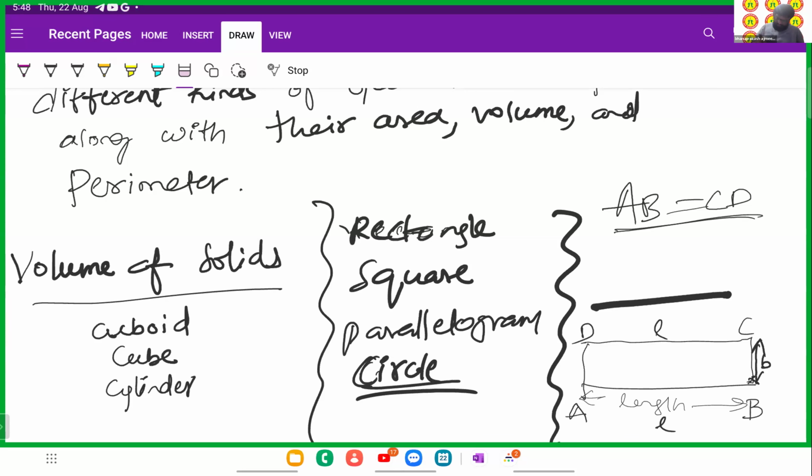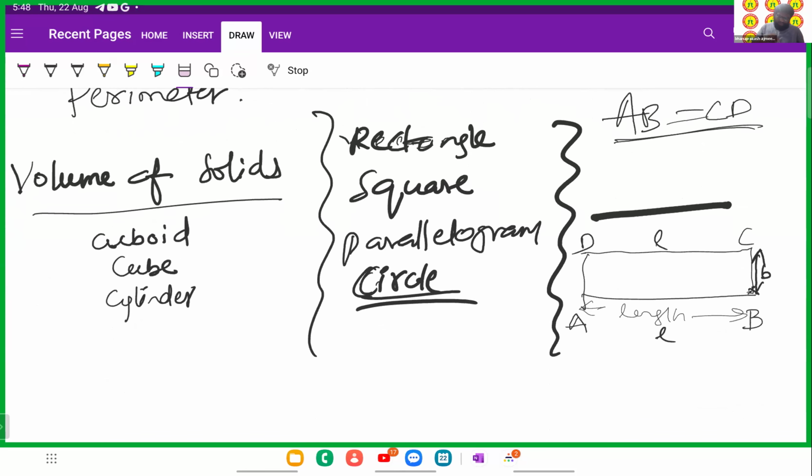Okay, fine. So now what is the perimeter of this? How do you define a perimeter for a closed geometrical surface? Suppose this is a rectangular park. I am a person who is very bored at home, want to go out and chill with friends, so I went to a rectangular park.